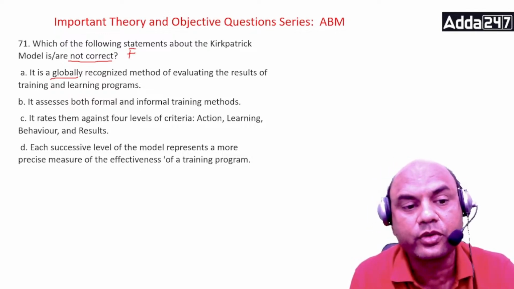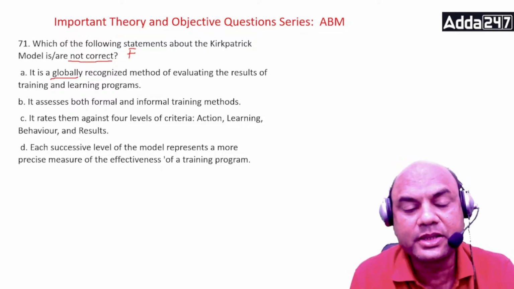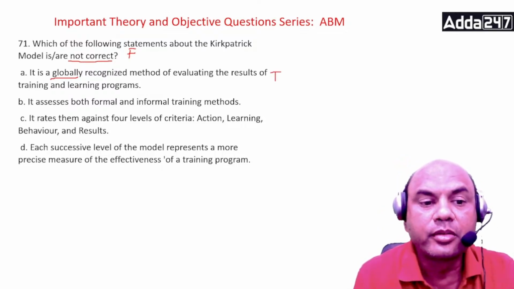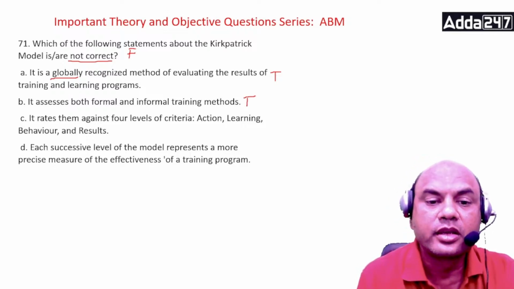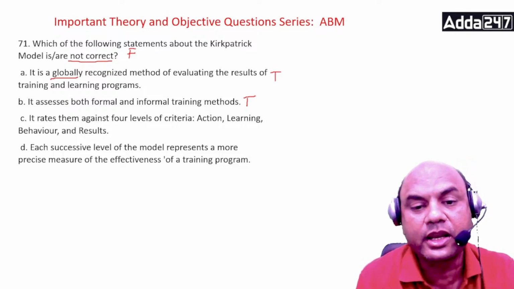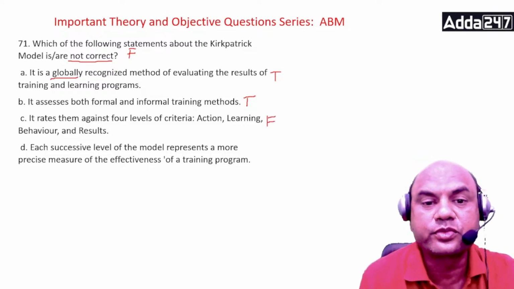Here we want a false one. Globally recognized method, this is true. Assesses both formal and informal, that is also true. It rates them against 4 levels of criteria: action, learning, behavior, and result. That is false. Now this is false for Kirkpatrick.